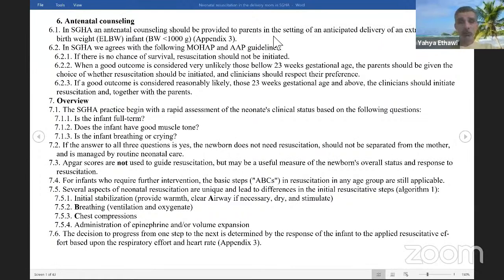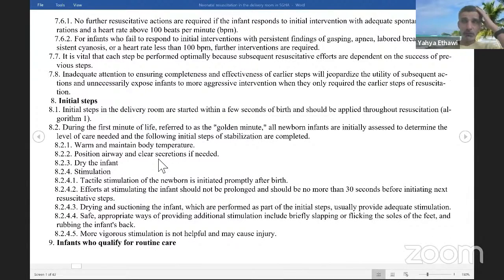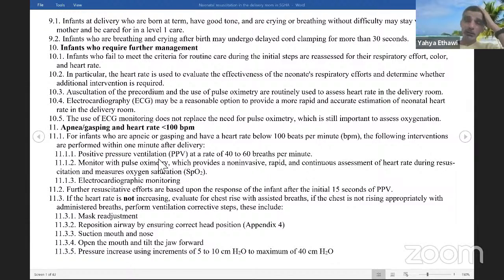If the heart rate is below 100, then you need to start PPV. If the PPV is not effective, then you need to look to Mr. SOPA, which is applying the mask, suctioning, repositioning of the baby, increasing the pressure of the positive pressure ventilation, such as closing the pop-off valve, and also providing alternative airways such as intubation or laryngeal mask airway.